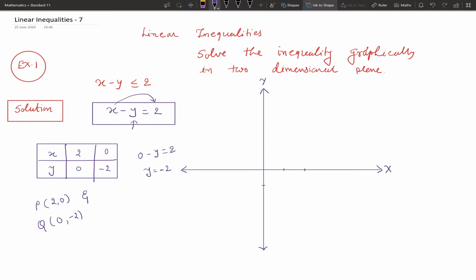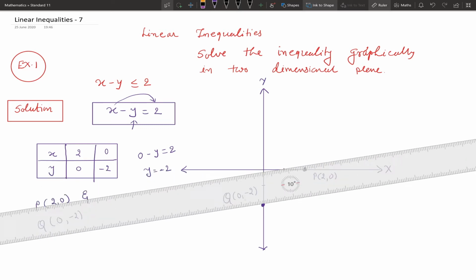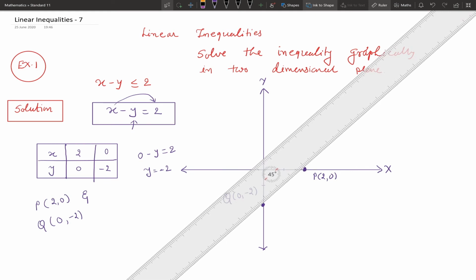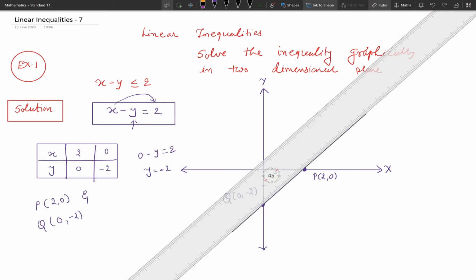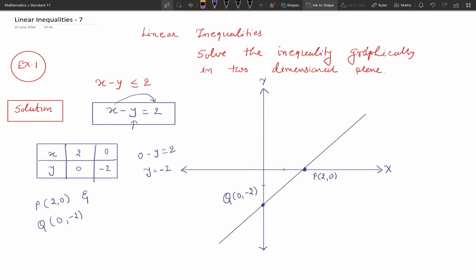This is point P 2, 0. This is the point, and this is the point Q 0, minus 2. So let us join these points, so we can prepare a line. So this is the line x minus y equal to 2.